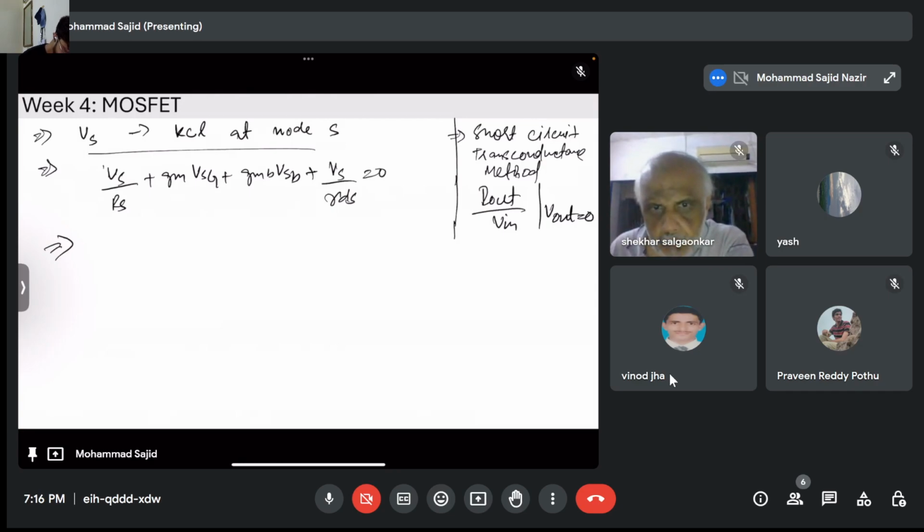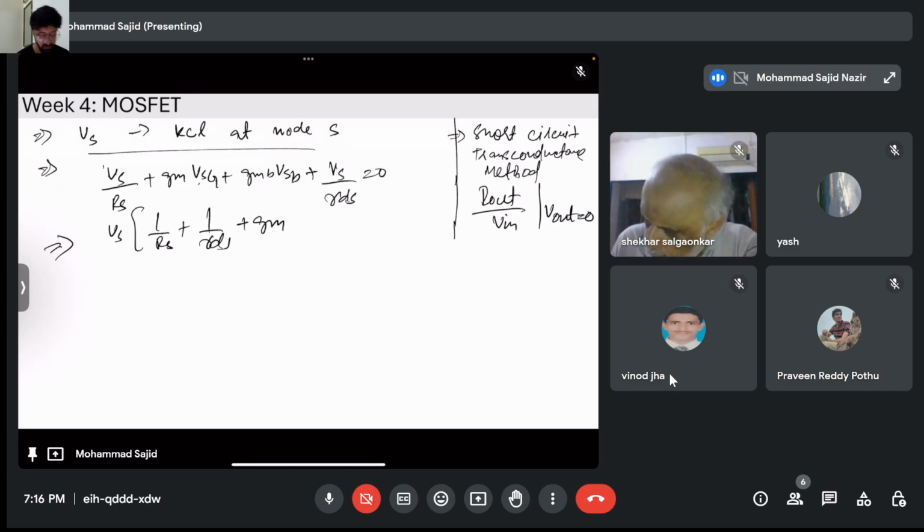So again, this will be Vs. I will skip the two steps. This will be Rs plus Rds. Here, this will be Vs minus Vg. So this will have one term of Gm, and similarly, this has one term of Gm Vs and minus Gm V input equal to zero.